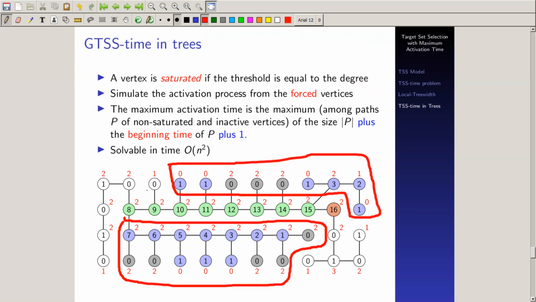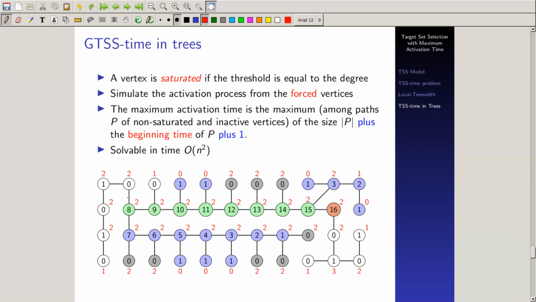Now, we can prove that by selecting some vertices, the maximum activation time is the maximum among paths P of non-saturated and inactive vertices of the size of the path plus the beginning time of P plus 1. In this example, the beginning time of this path of non-saturated vertices is 7.